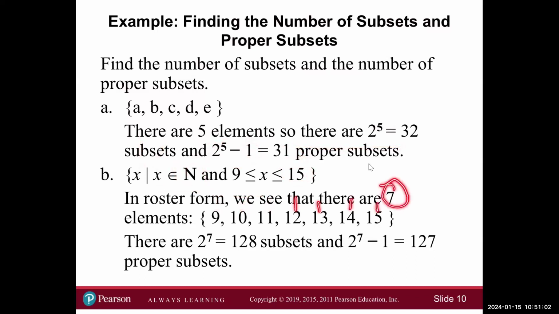This has 7 elements, so 2 to the 7 is 128 subsets, and 127 proper subsets.